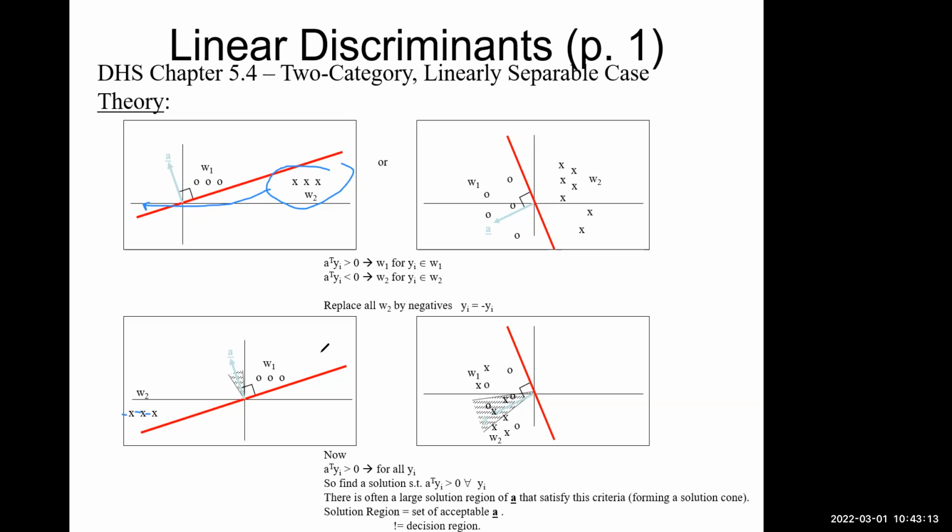Now everything's on the same side, and instead of having two equations, one greater, one less than, now we have one equation, greater than, for all classes. We don't need this condition, if. We don't have to have sometimes greater, sometimes less than. We have for all points greater.